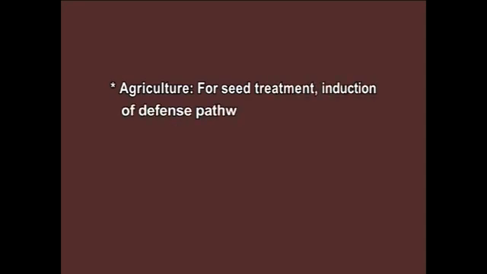Applications of chitin. Chitin finds several uses in sectors such as agriculture, medicine, biomedical research, and industry. Agriculture: chitin finds application for seed treatment, induction of defense pathways in plants, and as biopesticides.